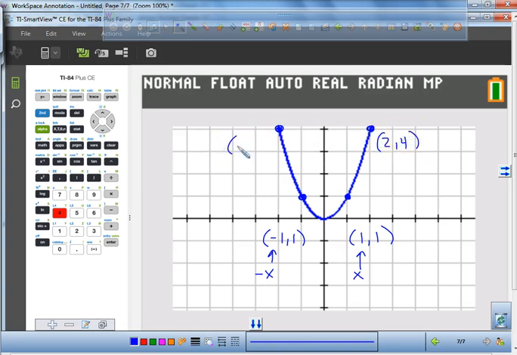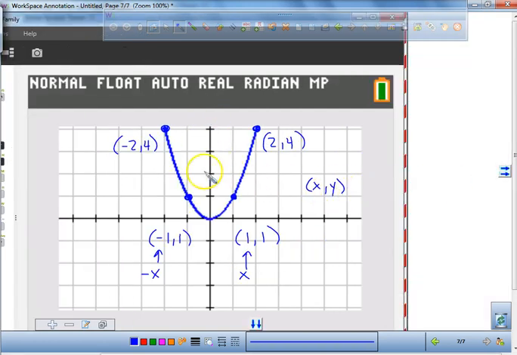That's a -2 and a 4. Notice what happened to the x values. They're opposite of each other, right? So basically, if you have x, y, and it's symmetrical about the y-axis, you're going to have -x, but you're going to have the same y value.